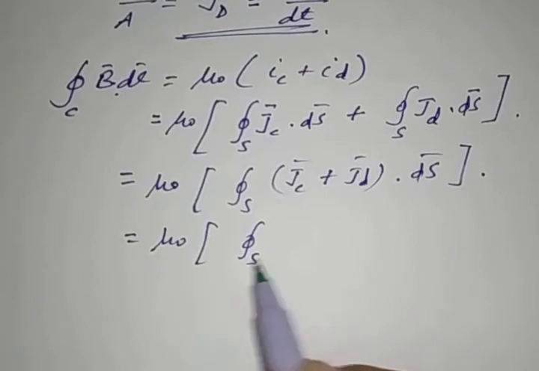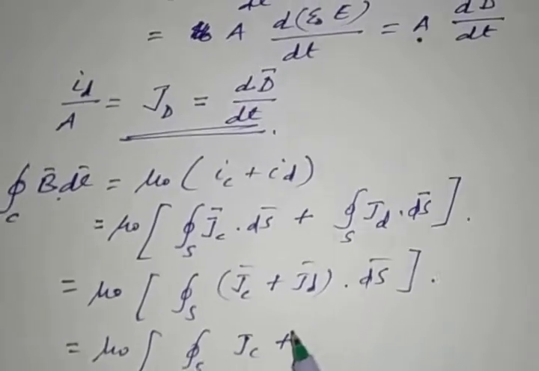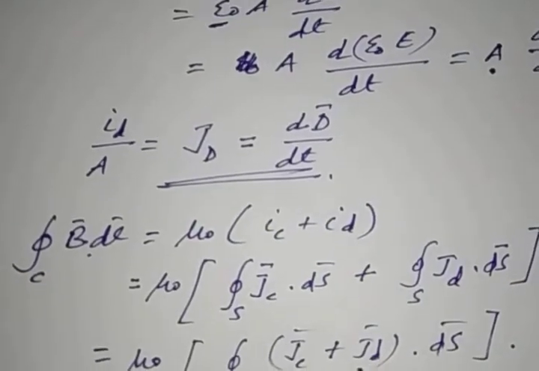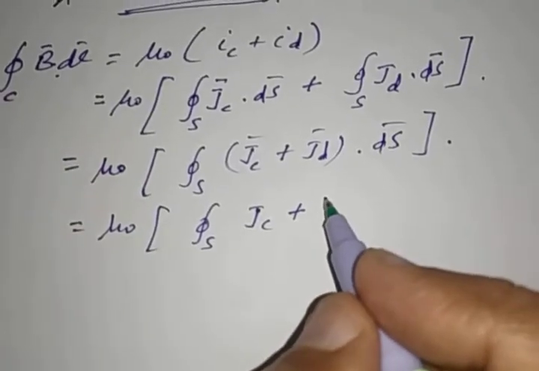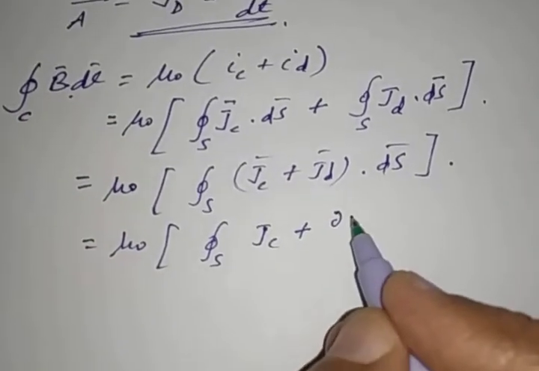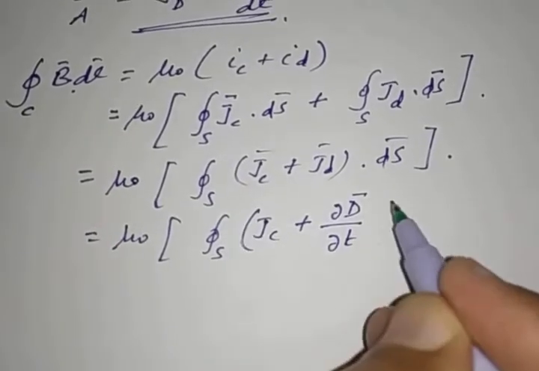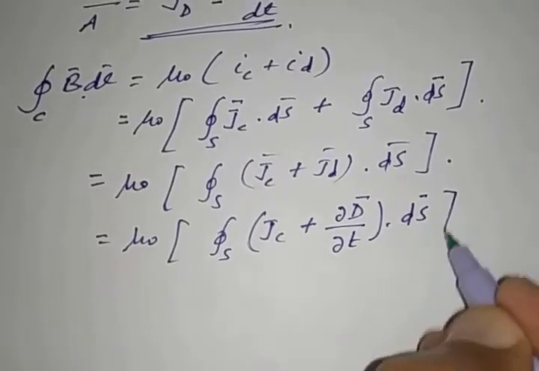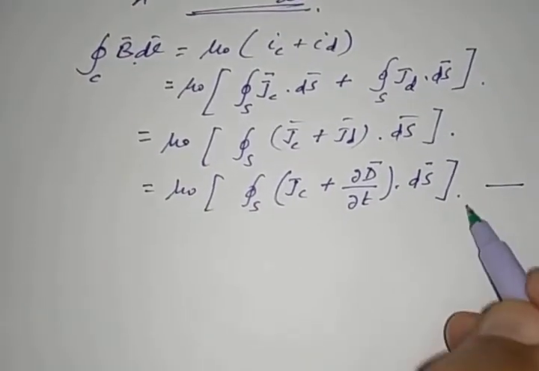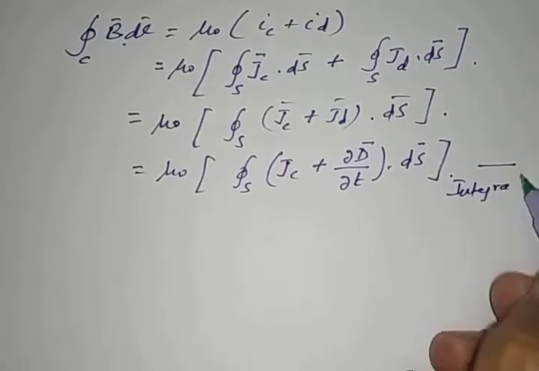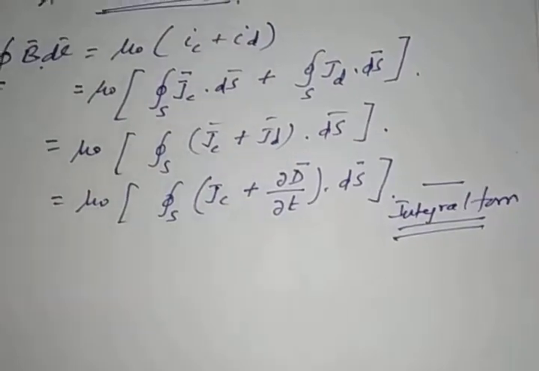First we will write it completely, and the JD value will be replaced from this equation, this part. Okay, so this will be the complete integral form of Maxwell fourth equation.